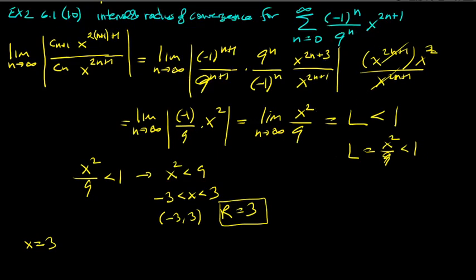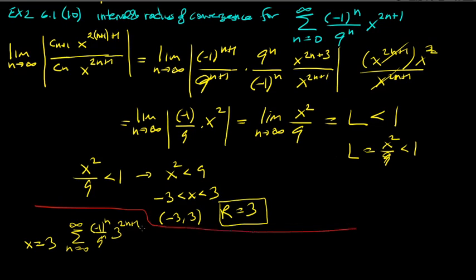So here's the series. When x is 3, we're going to take the sum from n equals 0 to infinity of, again, negative 1 to the n over 9 to the n, and then x is 3, so 3 to the power 2n plus 1. I'm running out of space here, so I'm going to scroll down a little.